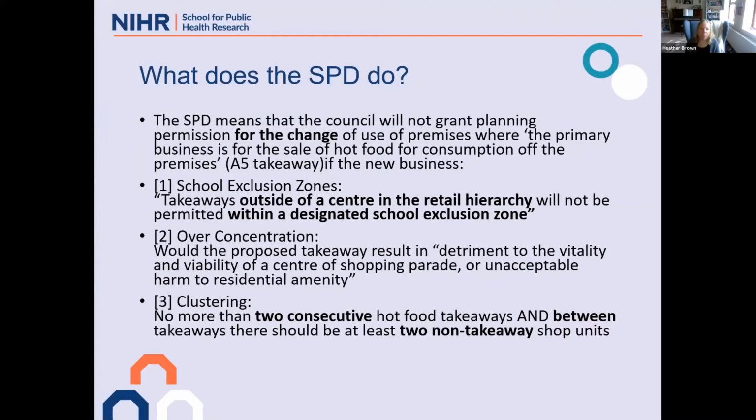And then it also looks at overconcentration. So they will not grant planning permission to new takeaways in areas where they find that there are already too many, and if there are already 2 takeaways next to each other.